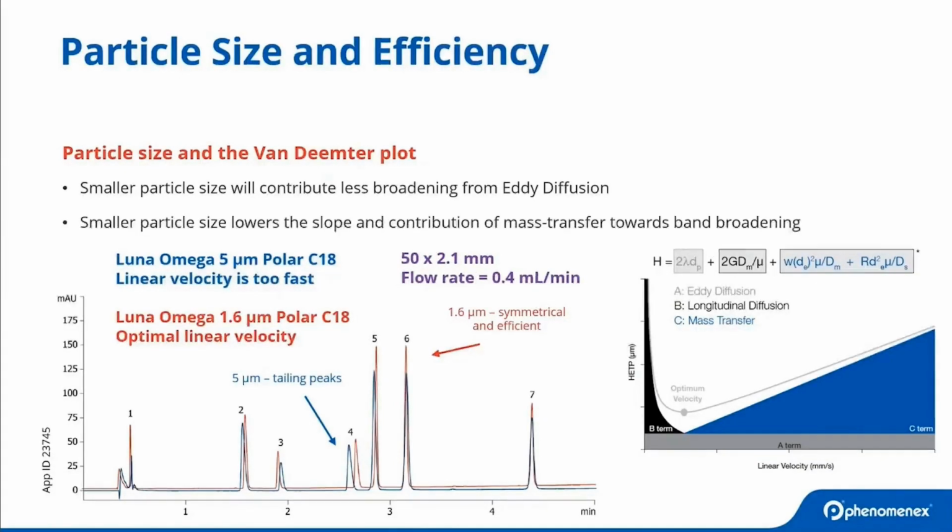Conversely, with the 1.6 micron particle size, those pore lengths were very short, such that we saw very expedient rates of mass transfer of each molecule into and out of the particle, ultimately begetting sharper, narrower, more symmetrical peaks.